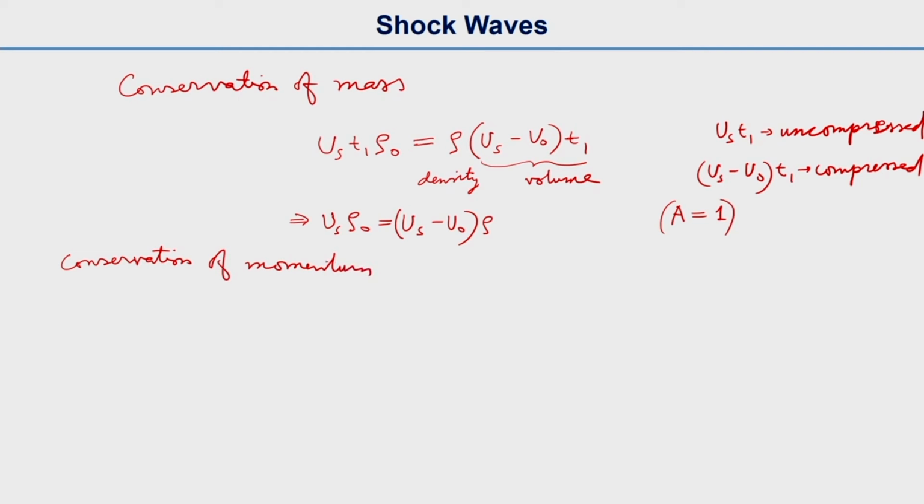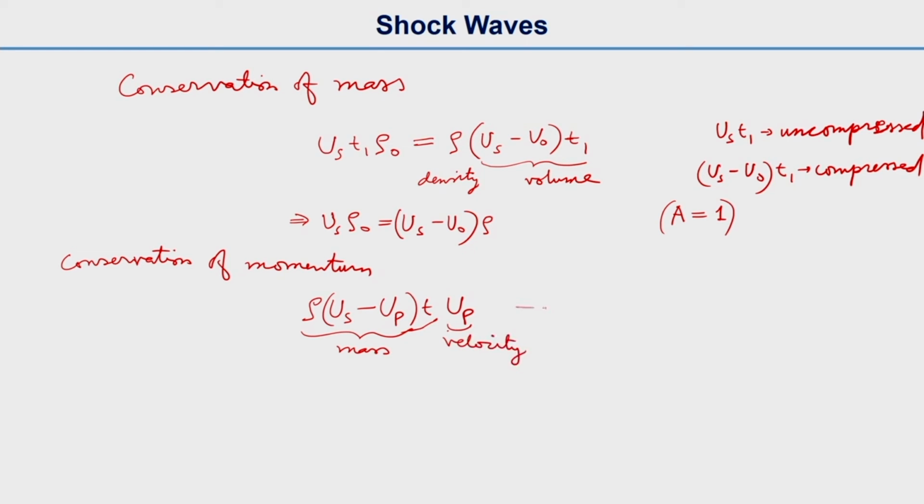Conservation of momentum will give us the final momentum, which will be rho (Us minus Up) times Up. This is the mass up to this point, and this is the velocity.